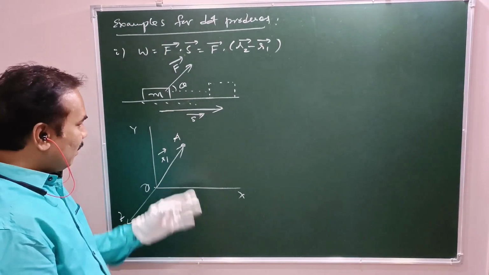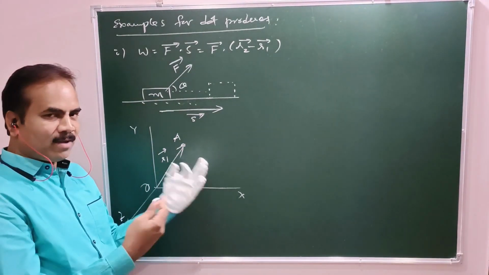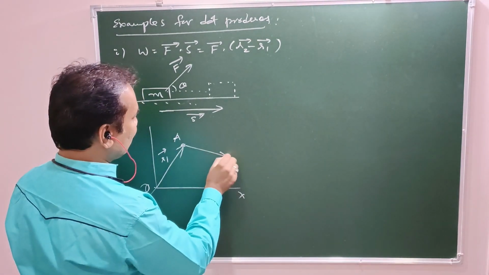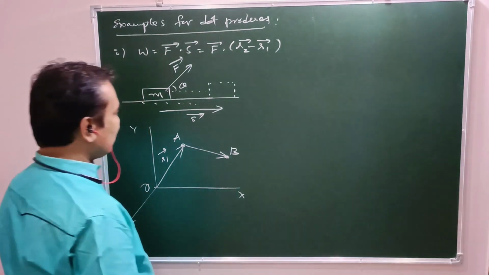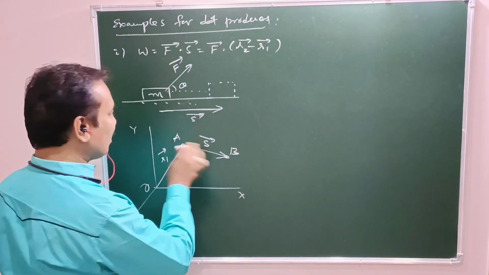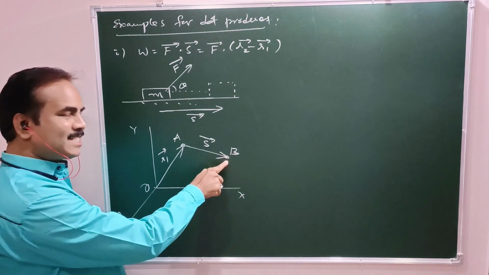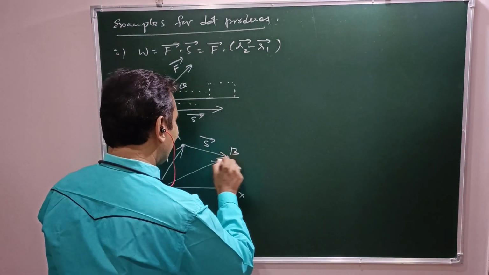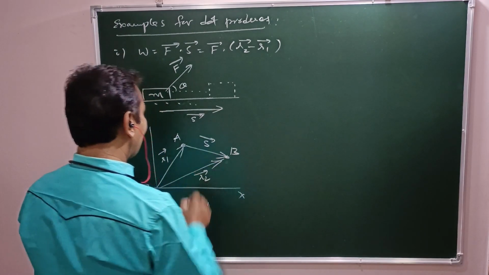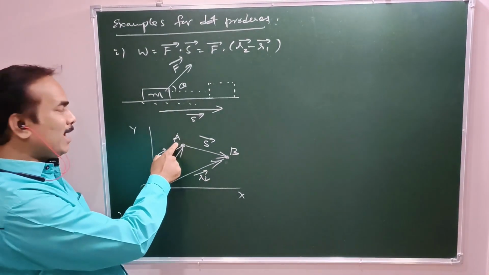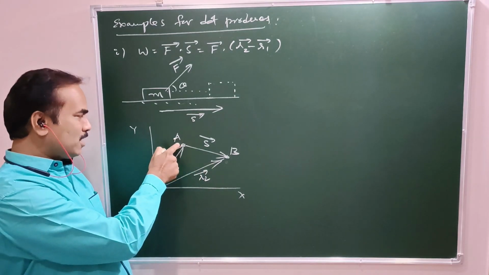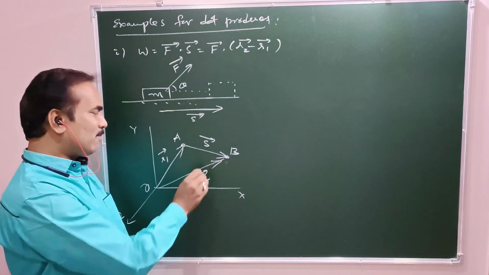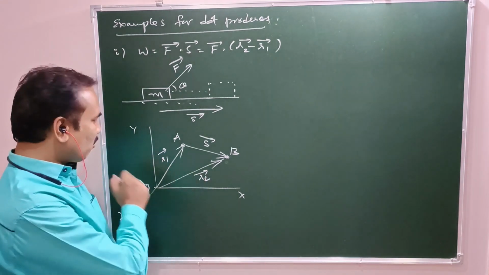On application of force, the particle is displaced from A to B. This is the displacement vector from A to B. When the particle reaches position B, with respect to origin, this is the final position vector R2 bar. When the particle lies at position A, R1 bar is the initial position vector. When it reaches B, R2 bar is the final position vector with respect to origin.